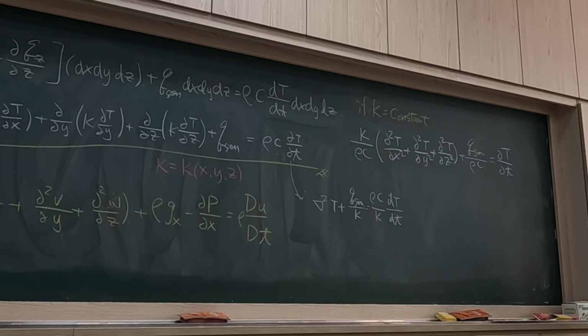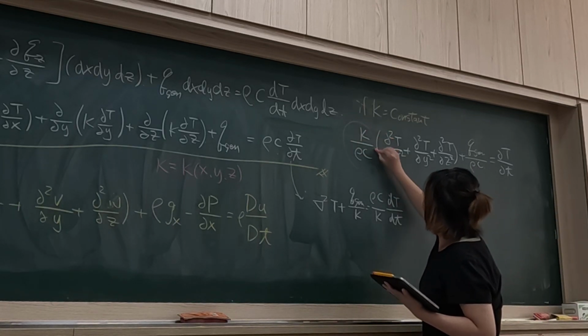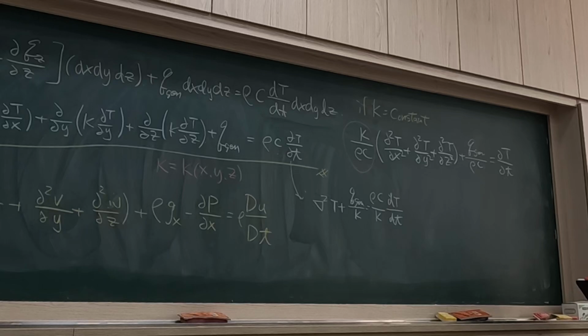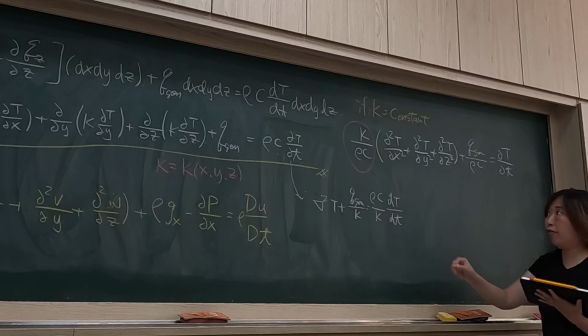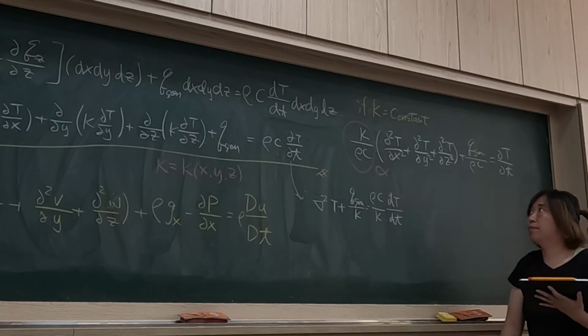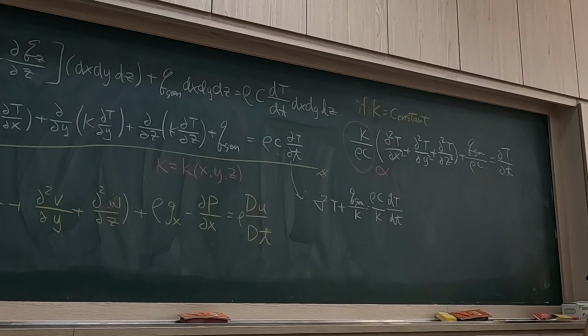Because we want to introduce something very important. In chapter 1 we already mentioned, you probably already forgot, on page 62, this one. This is called thermal diffusivity, 热扩散系数 alpha. So we see it again in chapter 2.